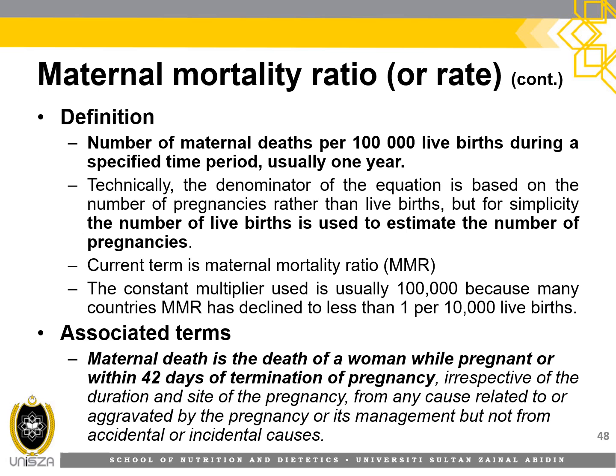Current term is maternal mortality ratio, MMR. The constant multiplier used is usually 100,000 because many countries have an MMR which has declined to less than 1 per 10,000 live births.